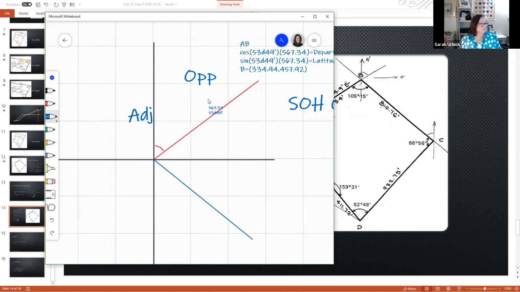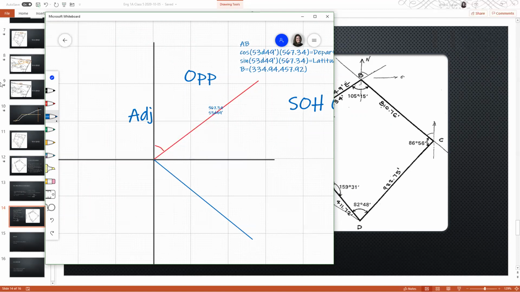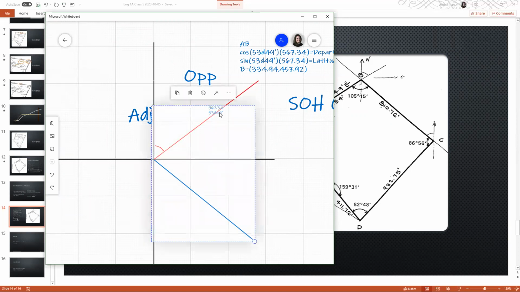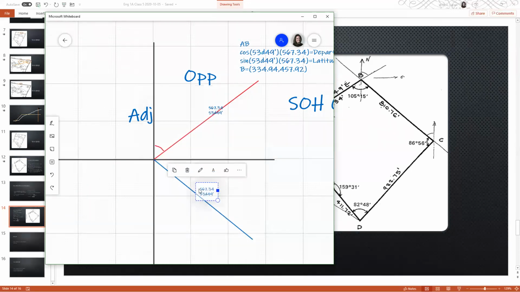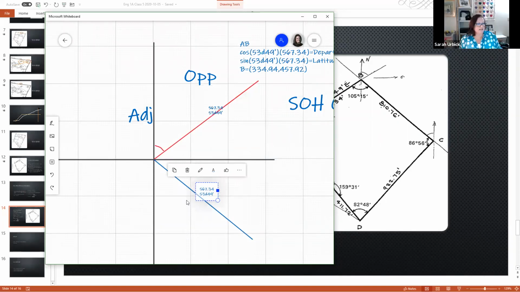So roughly, there's my BC. What I'm going to do is put my little tag down here, and my distance was 810.76.